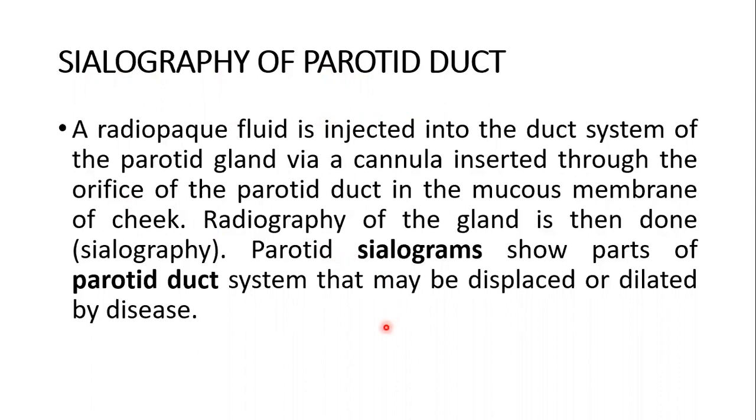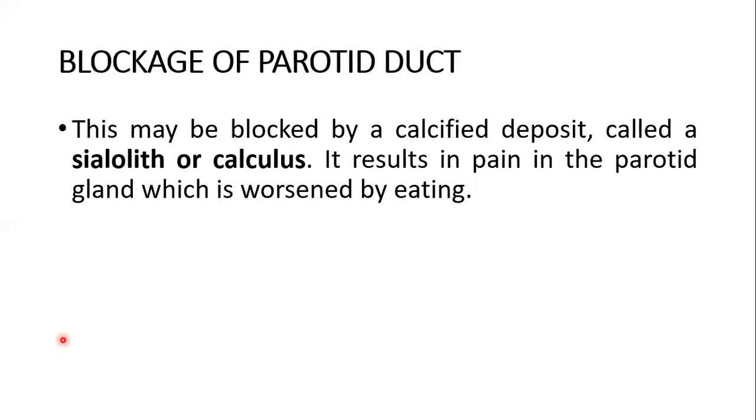Then parotid sialograms are taken, which show parts of the parotid duct system which may be displaced or dilated by disease. Blockage of the parotid duct I already discussed with you. It can be due to a stone or calculus, and this calculus in the parotid duct is called a sialolith.